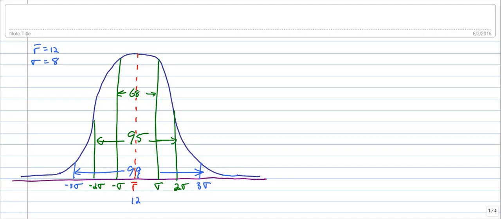That's the mean. If I go 1 standard deviation away, 12 plus 8 takes me to 20, and 12 minus 8 takes me to 4. And so I could say then that, next period, there's a 68% probability that my return is going to fall somewhere between 4 and 20%.